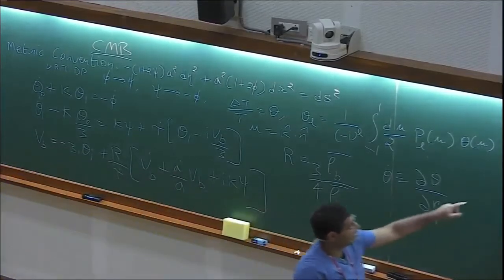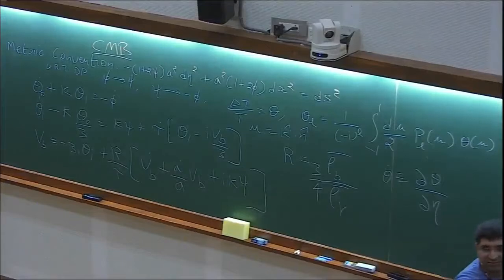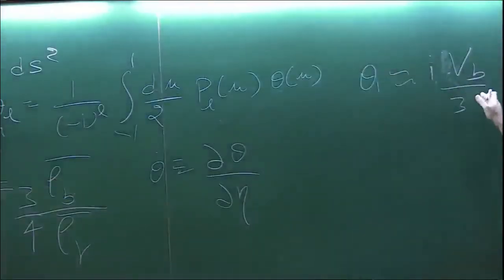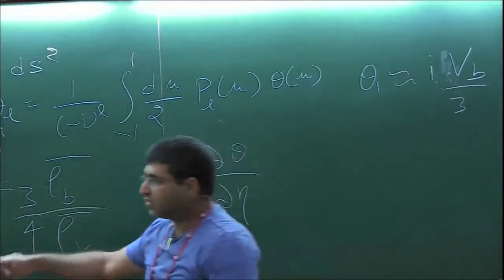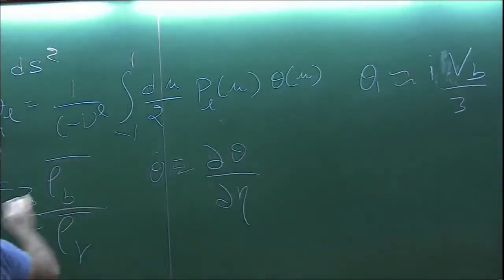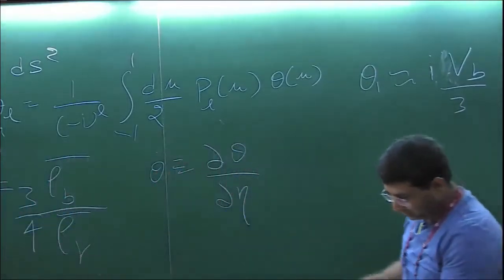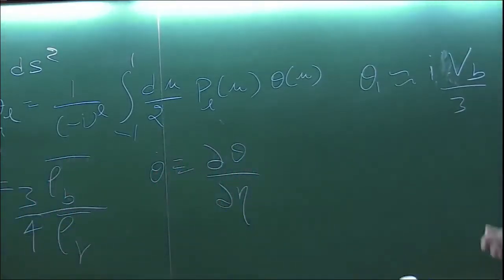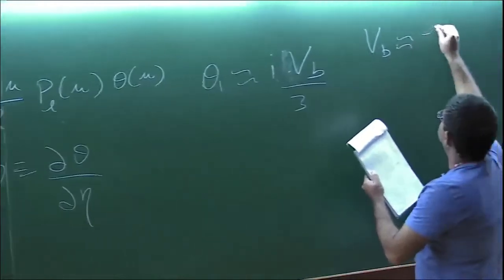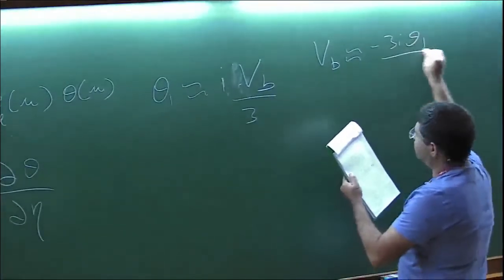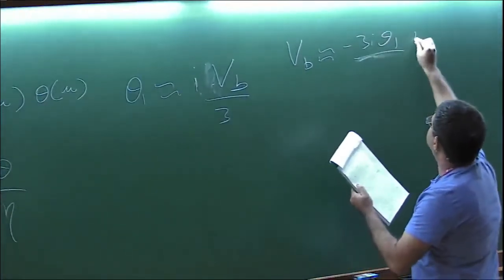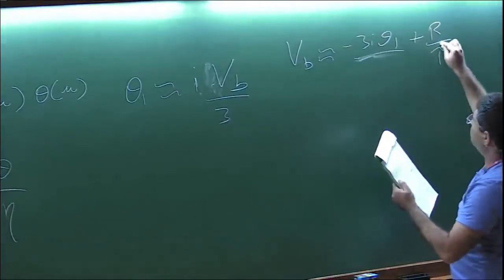The difference between these two is of order 1 over tau dot, 1 over the Thomson optical depth. If we want equations which are correct to first order in 1 over tau dot, we can just substitute theta 1 for Vb here, and the corrections will be second order. Once we do that, we get Vb approximately 3i theta 1 over 3 plus R over tau dot.